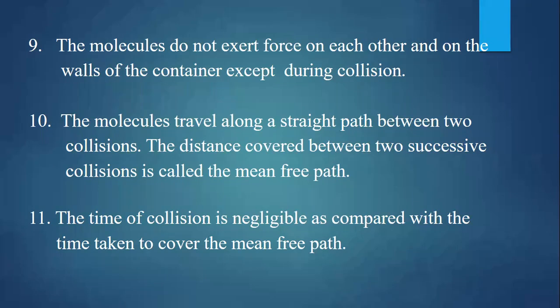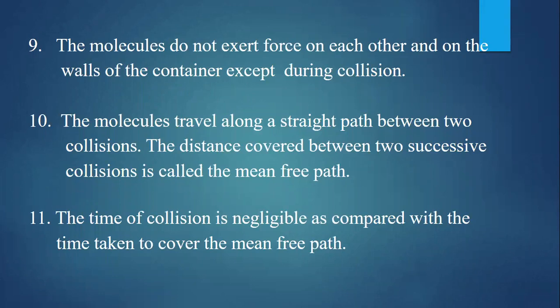Let us say a molecule moves from one point to another point. Between that motion, it may collide with a number of molecules. Let us say 100 collisions take place while the molecule covers a total of 100 meters. During that course of motion, it collides 100 times.